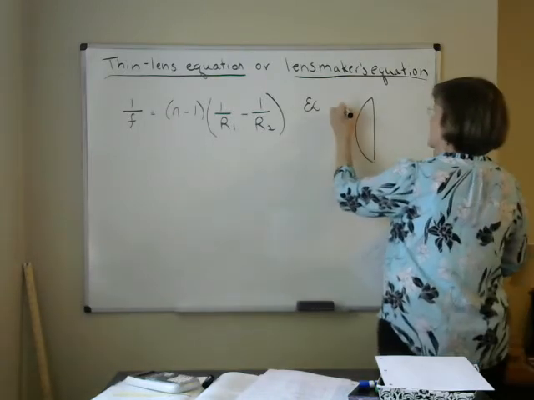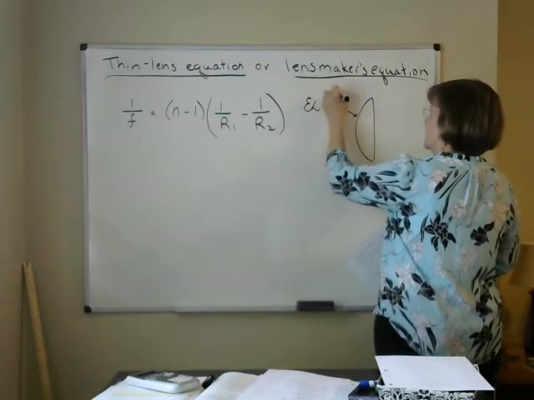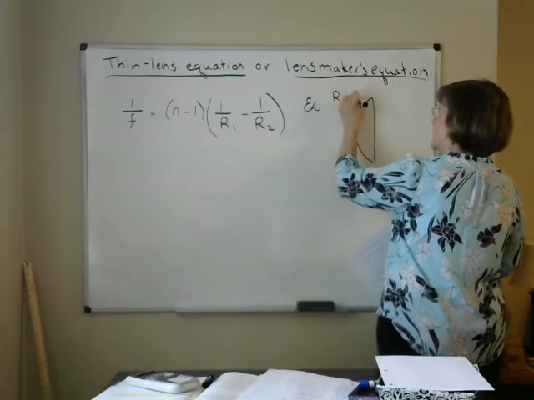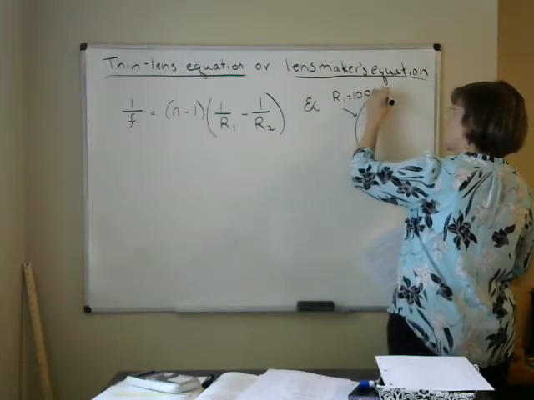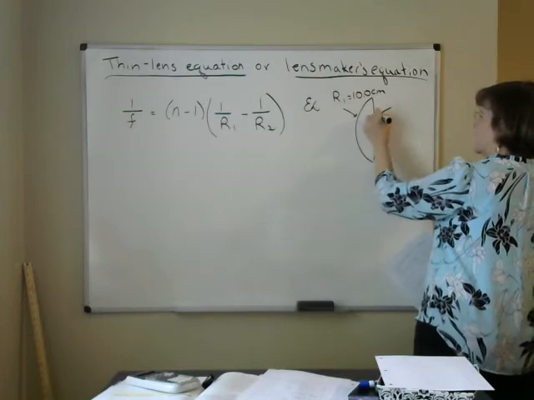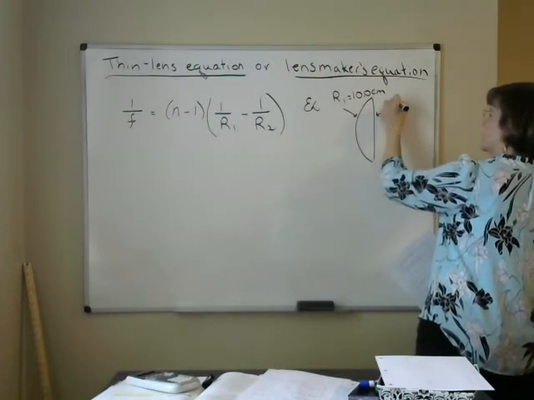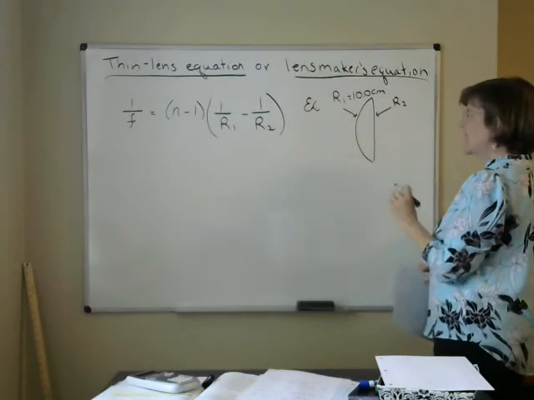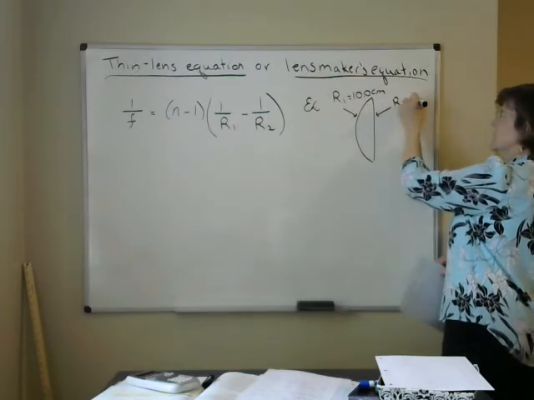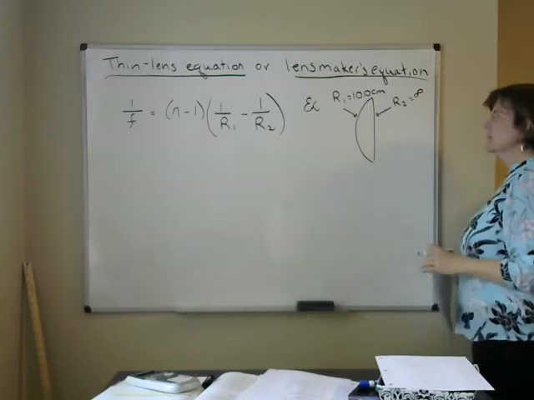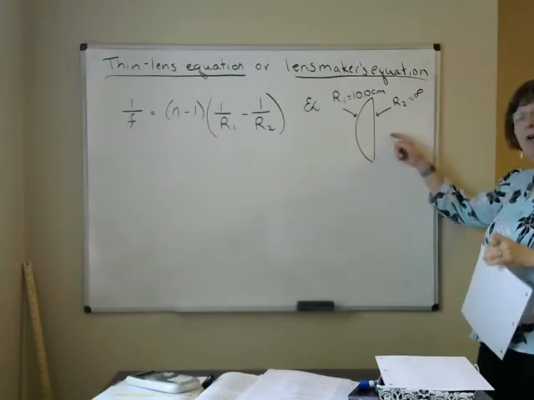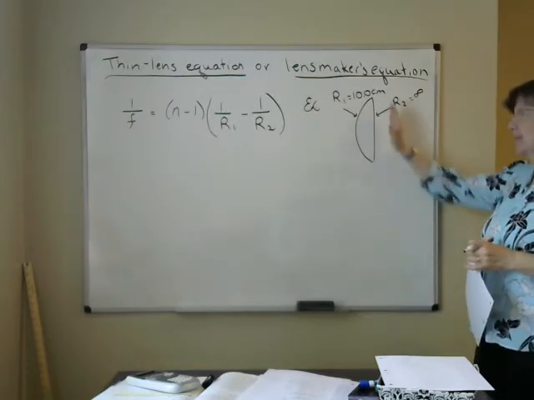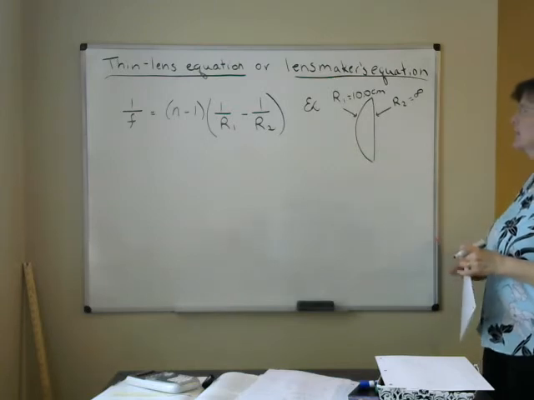So this is R1, and it equals 10 centimeters. And this is R2. And anytime you have a flat surface, it equals infinity. It would have to have an infinitely long radius to be completely flat, okay?